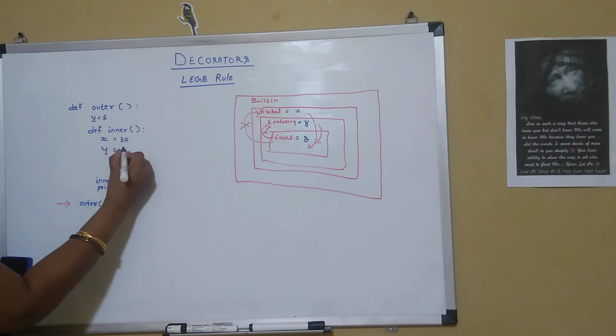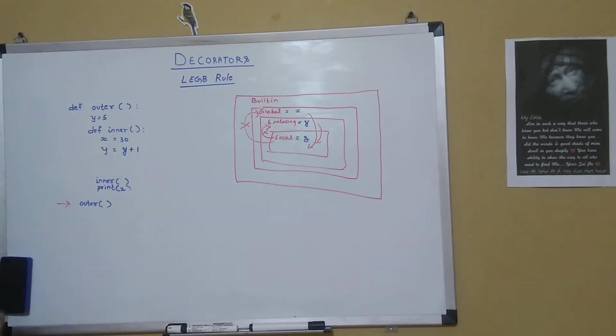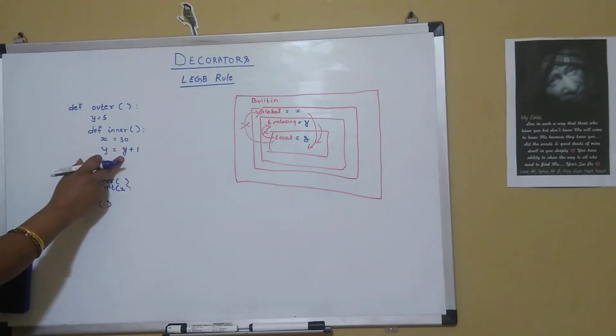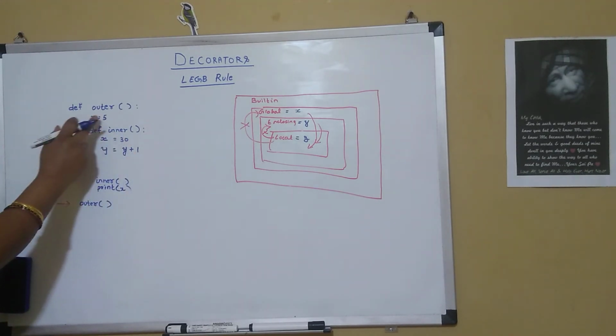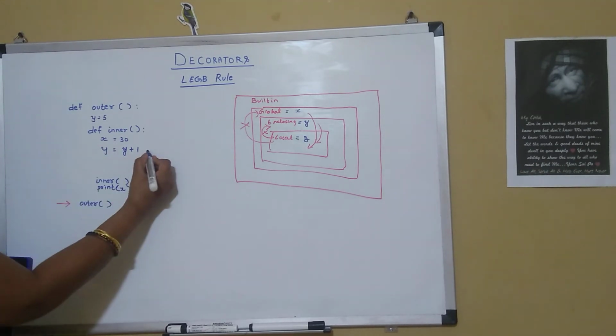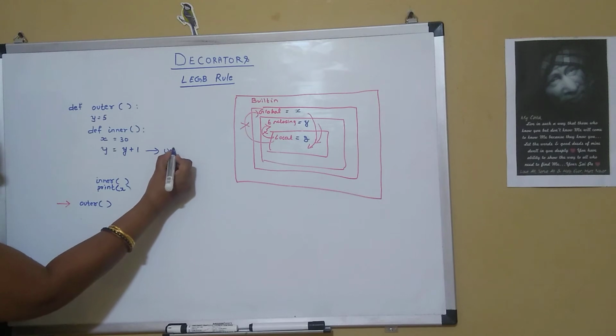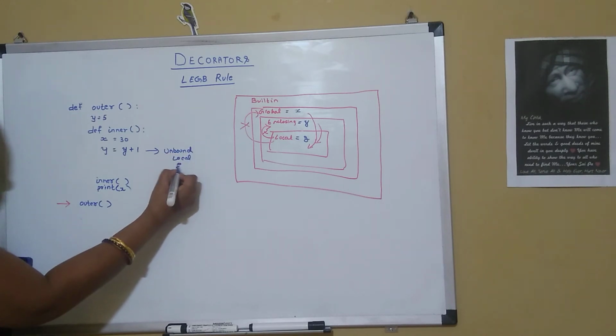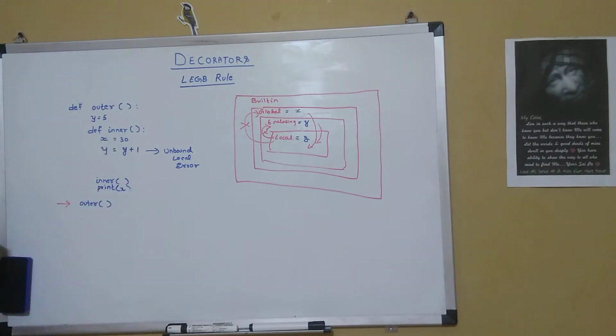Y is equal to y plus 1. Whenever we can access the values, but we are trying to update the value of the enclosed function within the local level, then it gives an error telling unbound local error, because we are trying to modify the enclosed variable value within the local function, which is not possible. So it is giving unbound local error.